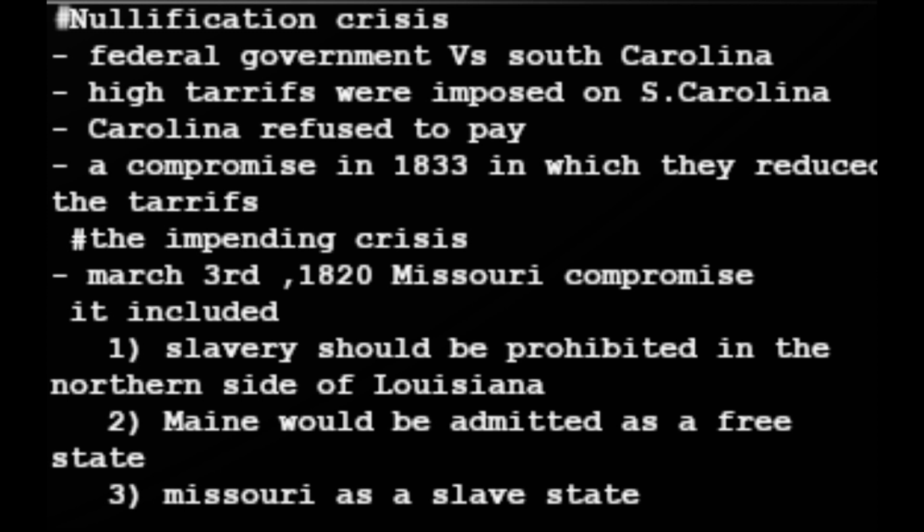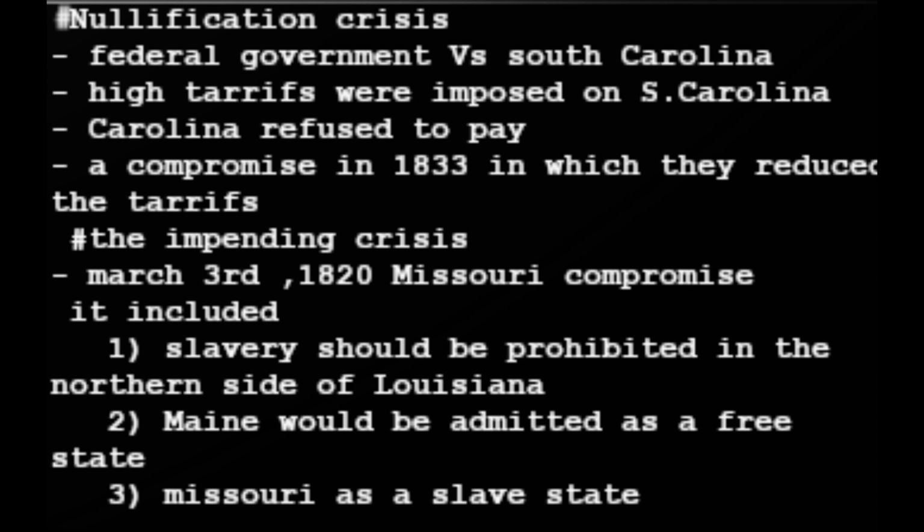They imposed high tariffs on South Carolina, which was perceived as an unconstitutional thing to do. South Carolina was an agricultural state, so it was hard for them to pay these tariffs.